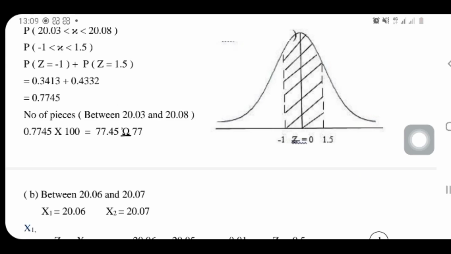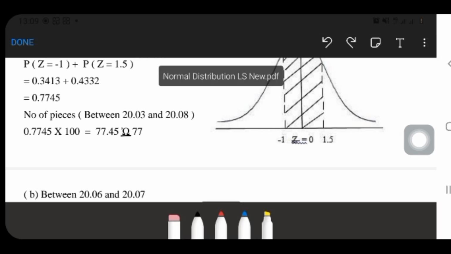We previously found the z values for x1 and x2: minus 1 and 1.5 respectively. You can see these numbers here.